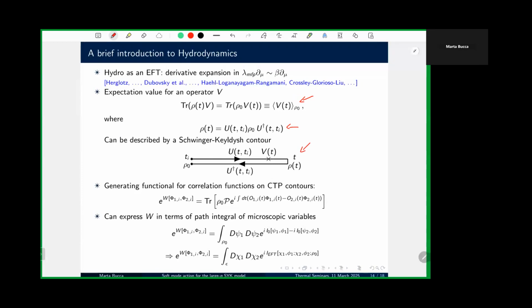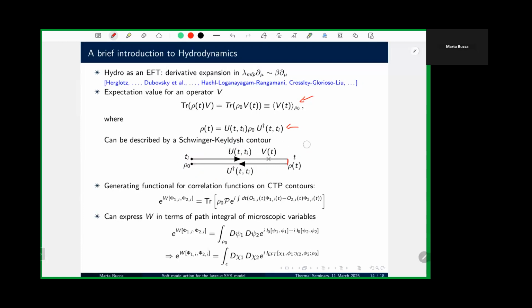So you start at ti with your rho 0, you evolve forward with your unitary operator U, you have your V, and then you evolve backwards by U dagger, the adjoint of U. And since you're taking a trace, this is visually represented by the fact that these two lines here are connected.